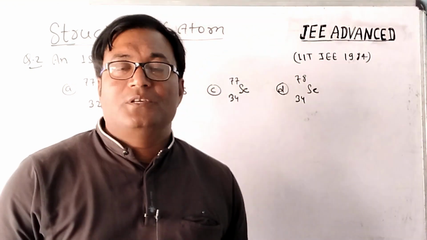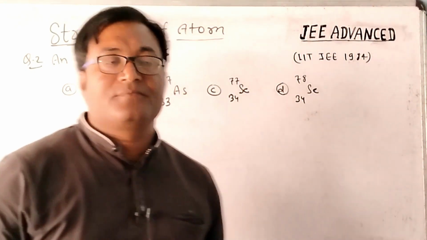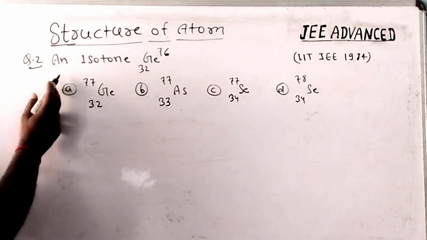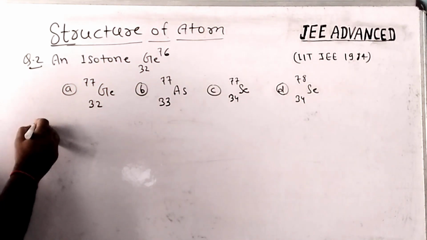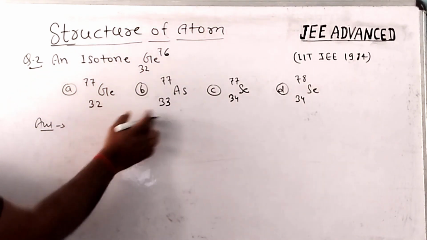Now question number 2 is based on isoneutronic. According to question number 2, an isotone. Isotone means isoneutronic. The options are given.